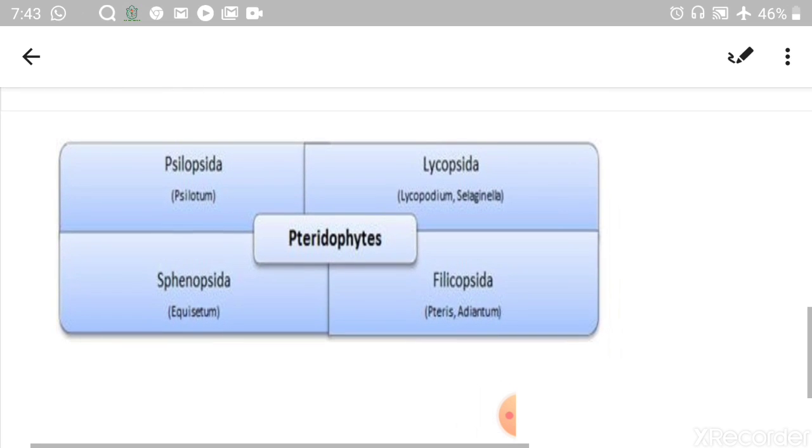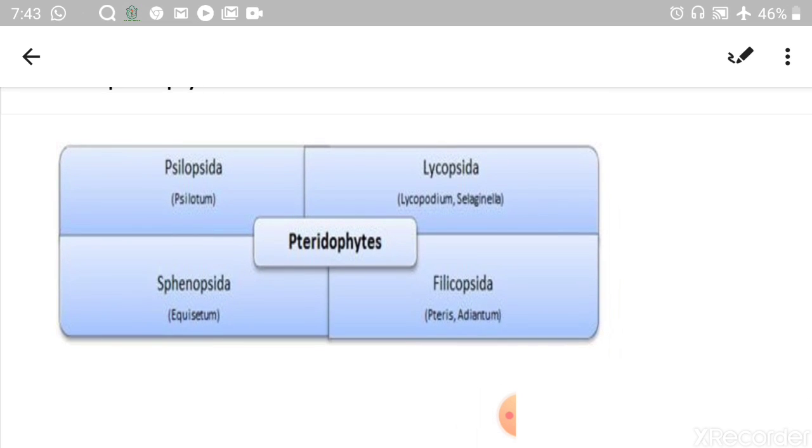The fourth group is Filicopsida, and ferns, Dryopteris and Adiantum, they are included in this group Filicopsida. The plants of this group are grown as ornamental plants because of their beautiful arrangement of leaves.